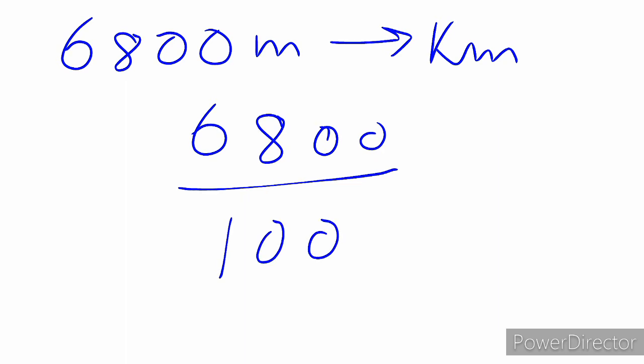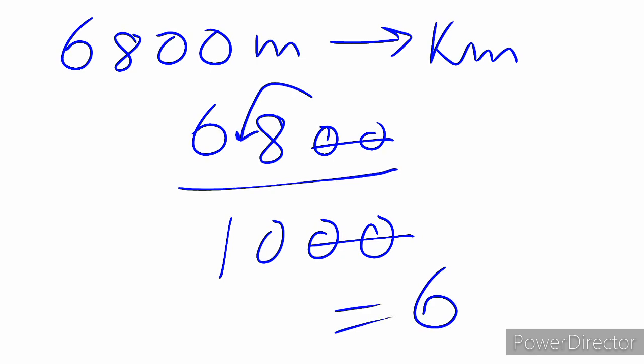Two zeros cut here and a decimal will come in between 6 and 8. So the answer will be 6.8. Okay, this is your answer, 6.8 kilometers.